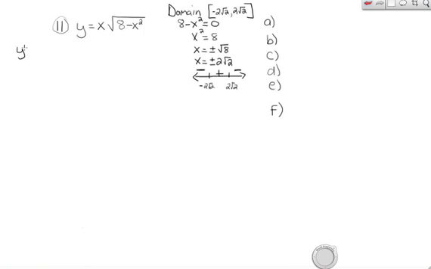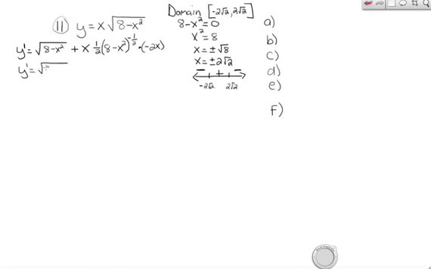I suspect I'm going to need all the room I can get. Product rule. Derivative of x is 1 times the second function plus x times the derivative of the second function, which would be 1/2 times 8 minus x squared to the negative 1/2 times negative 2x. Let's clean this up.